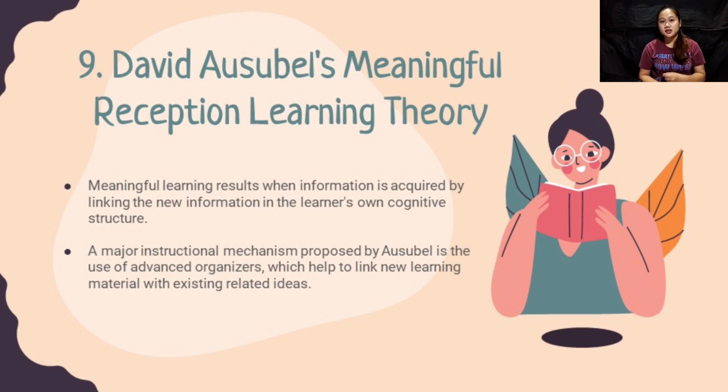It is concerned with how students learn large amounts of meaningful material from verbal or textual presentation in a school setting. Meaningful learning results when new information is linked to the learner's own cognitive structure.